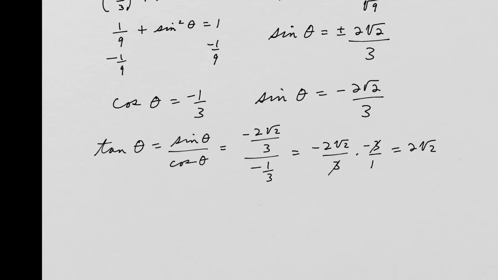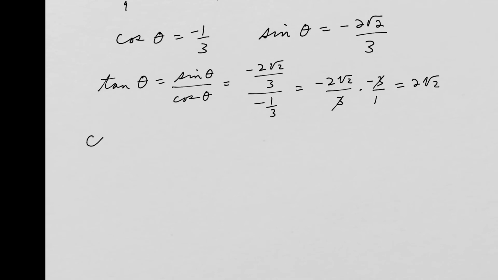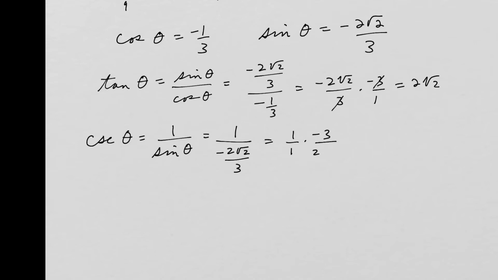Now, let's do cosecant. So cosecant of theta is 1 over sine. So this would be 1 over negative 2 radical 2 over 3. Well, that's the same as 1 over 1 times the reciprocal. So this would be negative 3 over 2 radical 2.